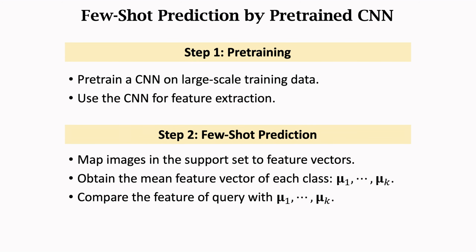The second step is making few-shot predictions. Given a query and a support set, the model needs to predict which class the query belongs to. We can map the images in the support set to feature vectors, then average the feature vectors in the same class to obtain a mean vector, mu.